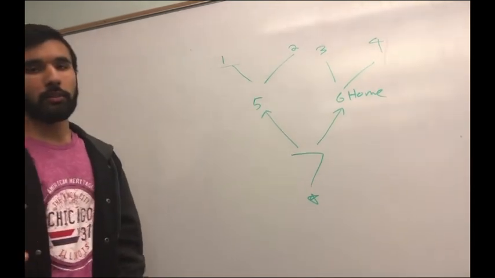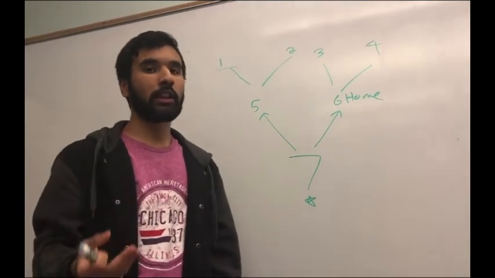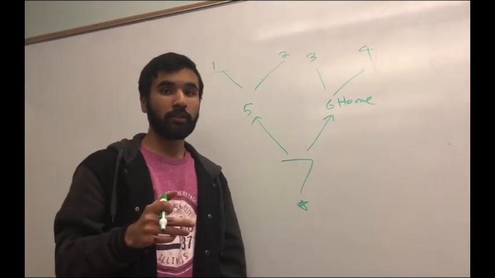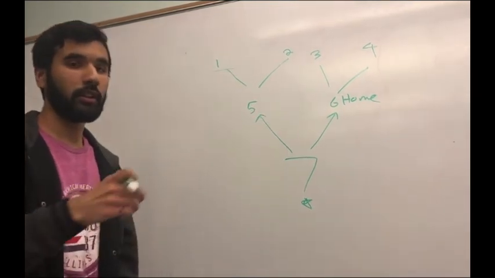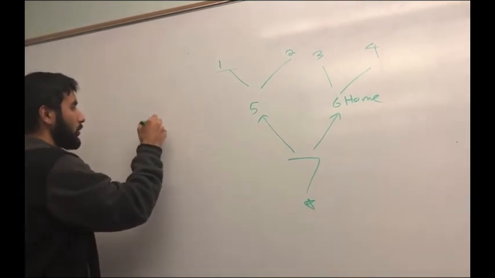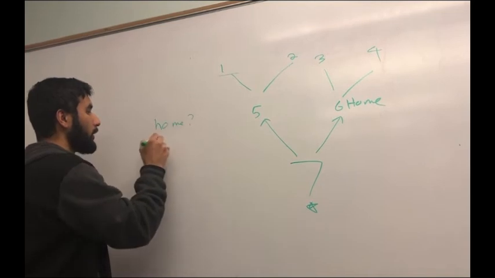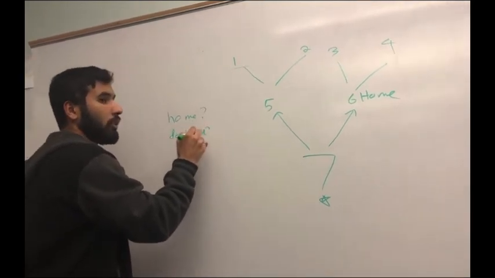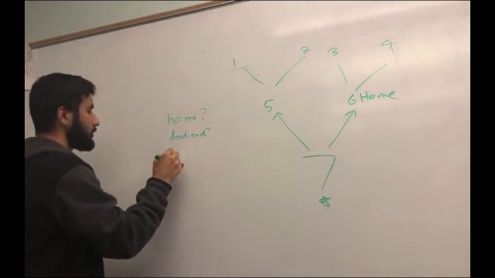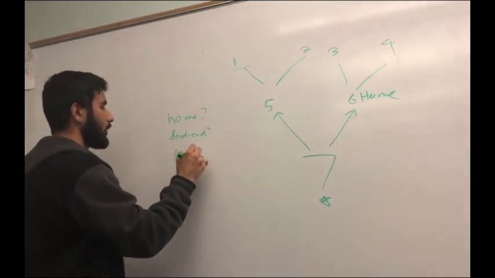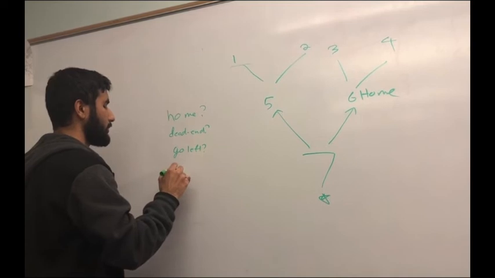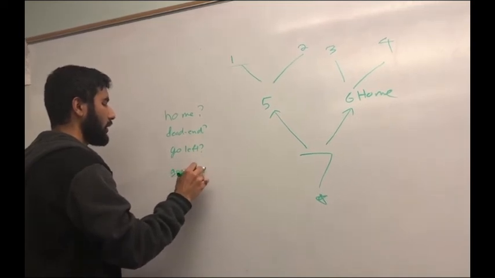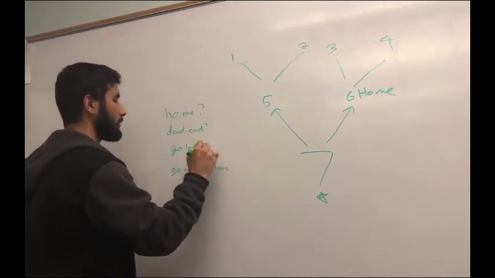In order to be able to figure this out, we need to understand what our helper blocks are doing very well. We have a few: home, dead end, go left, and go right. And each of these takes in a place.